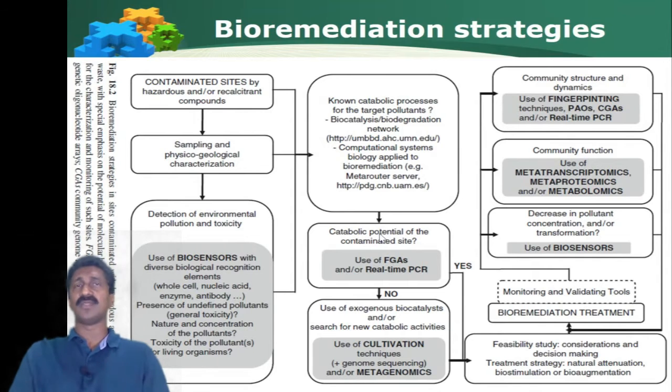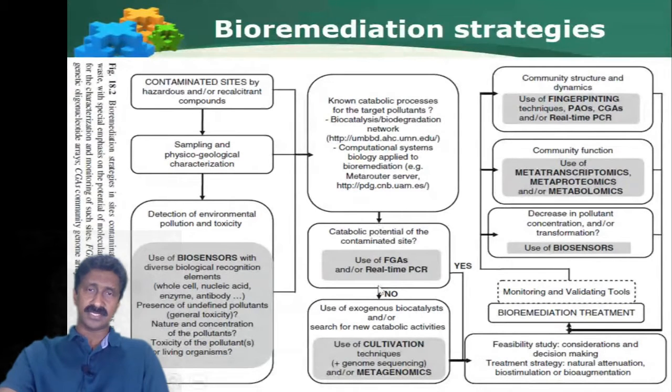That is the catabolic potential of the contaminated soil itself, which may contribute to natural degradation or removal of the contaminants. That can be identified using functional genome arrays or real-time PCRs, which identify existing genes present in the organisms already available in the site. Different types of molecular biology-based techniques can be used for this.